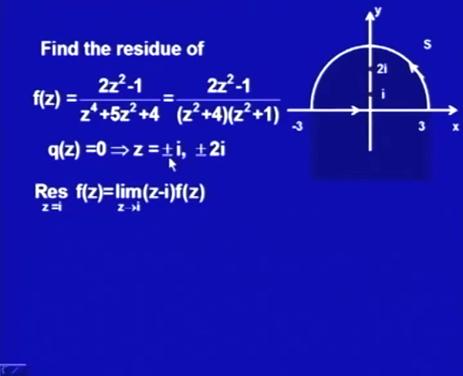So plus i would be here, minus i somewhere here, plus 2i here and minus 2i somewhere here. In the upper half plane we have only 2 poles, one at i, another at 2i. In this particular example both poles are on the imaginary axis. So let us choose my circle of radius 3, so it is covering both these poles.